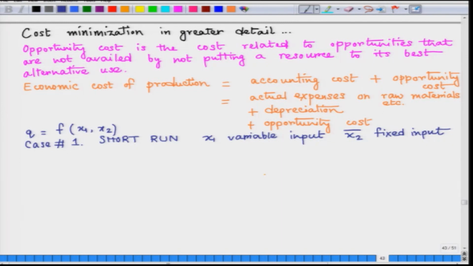So, now we have to write down the firm's cost minimization problem.